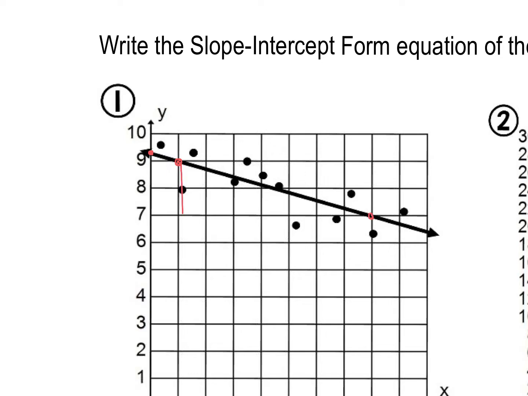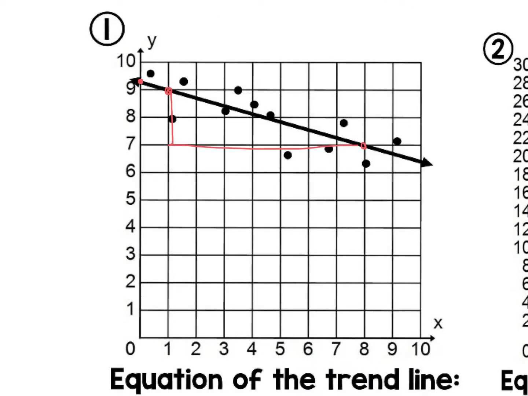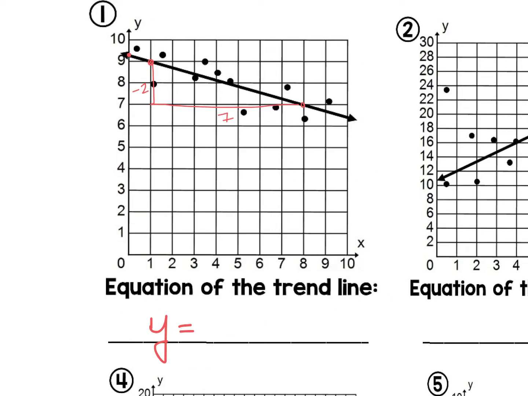Looks like it goes down, and then right 1, 2, 3, 4, 5, 6, 7. So -2/7. Okay, so our equation is going to be y equals -2/7x plus a little bit more than 9, so like 9.3.